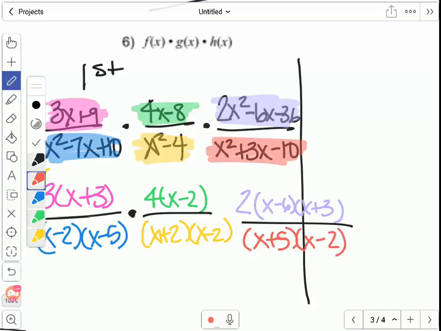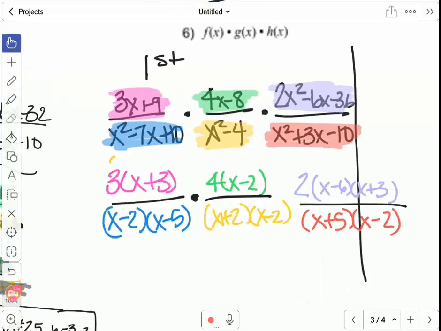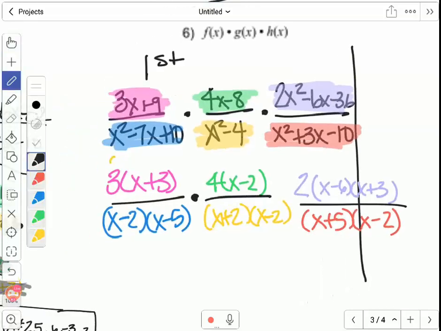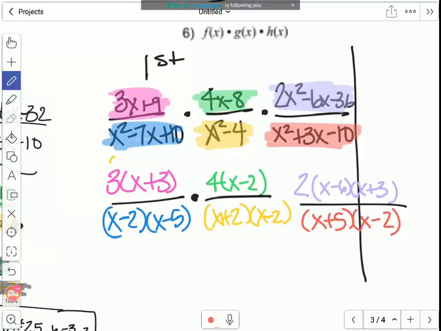So again, I'm just looking for things I can cancel, things that are the same on top and bottom. I can cancel out an x minus 2. And I believe that's the only thing that's the same on top and bottom.